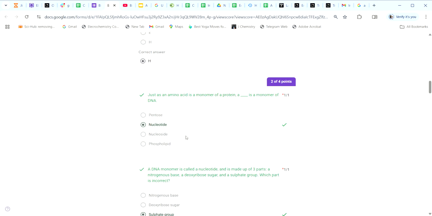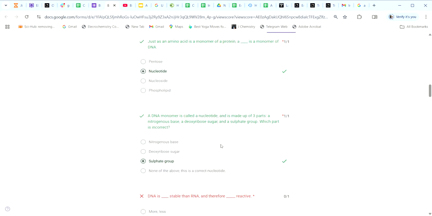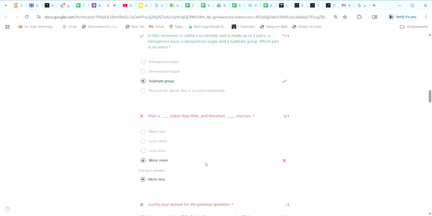Just as an amino acid is a monomer of protein, a nucleotide is a monomer of DNA. That is also correct. DNA is okay. This is less stable.